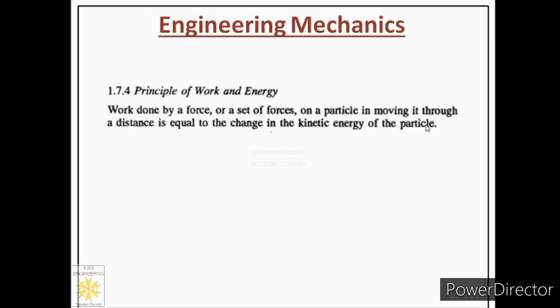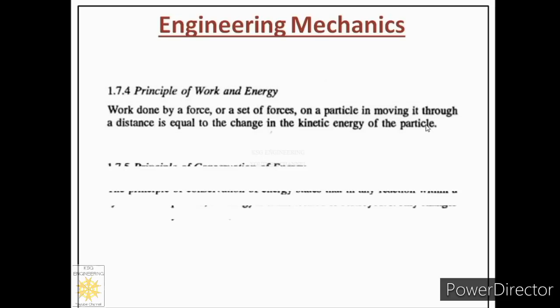It means those forces have done some work on the body. Now let us say the kinetic energy of the body has changed to a new value, T2. This law says that the work done by the forces will be equal to the change in kinetic energy of the body, that is T2 minus T1. This particular law we will cover in detail in the coming lectures.